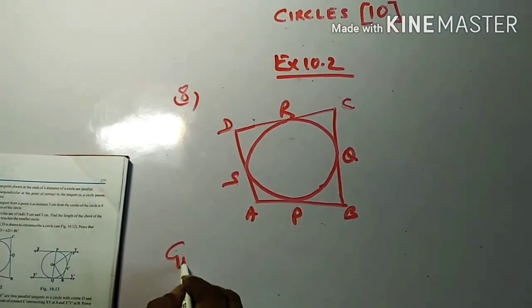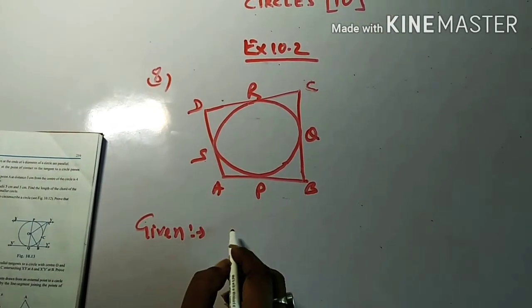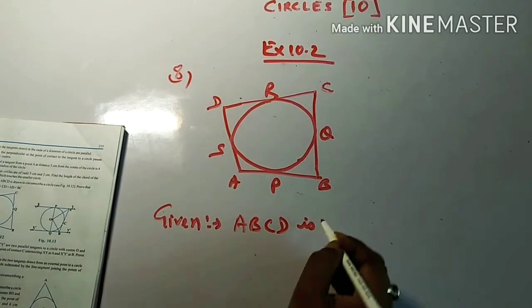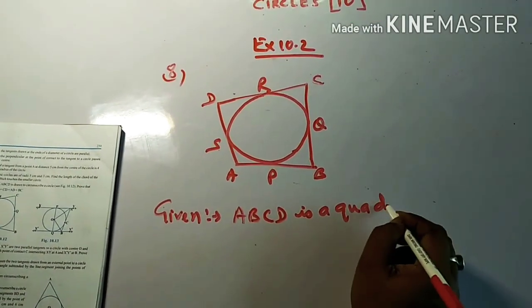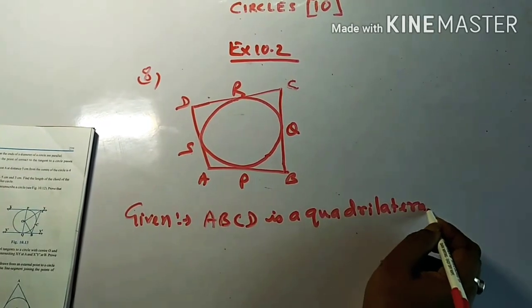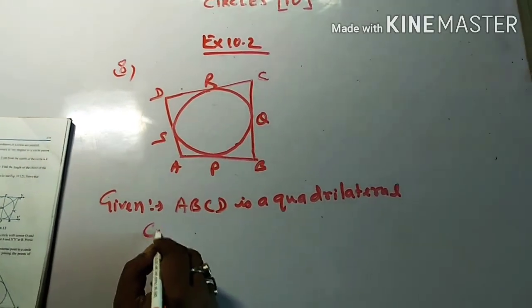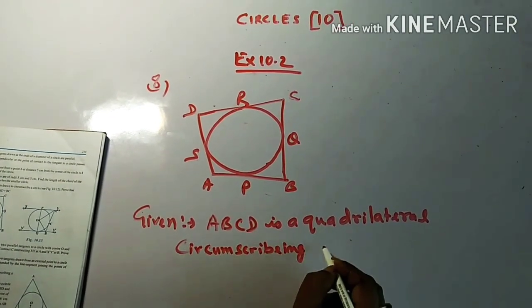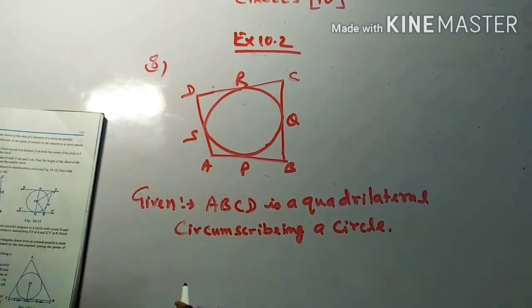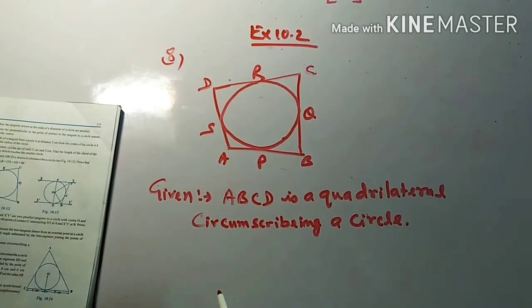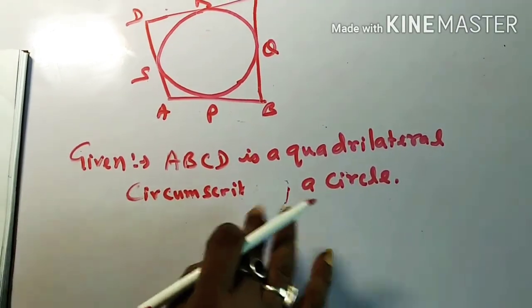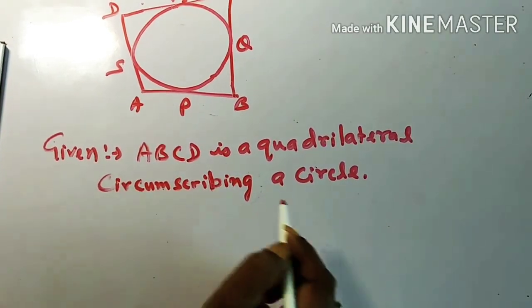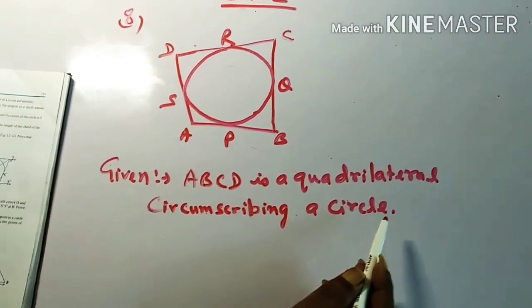Here it is given that ABCD is a quadrilateral circumscribing a circle.